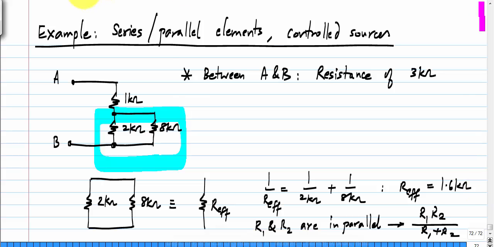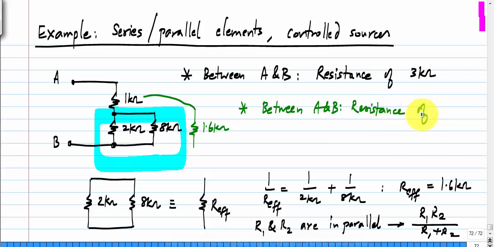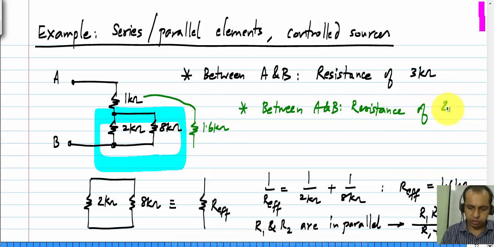So this entire combination equals 1.6 kilo ohms, and in series with that we have this 1 kilo ohm. So in the new circuit, when we have the 8 kilo ohm resistor also, we have an effective resistance of 1.6 plus 1, which is 2.6 kilo ohms.